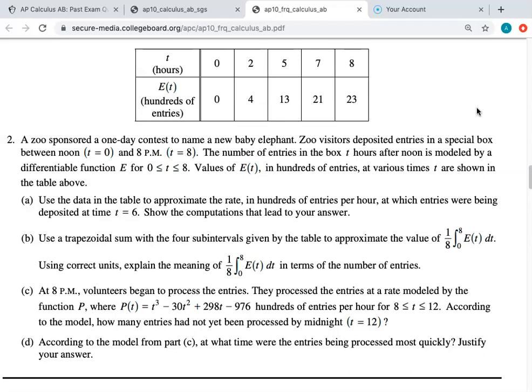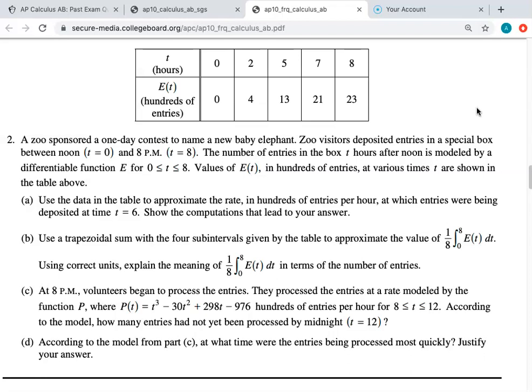So let me ask you this. At 8 p.m., which is when they ended the contest, how many entries are in the box? 2,300. 2,300 entries are in the box at 8 p.m. because the table gives you the number of entries in the box, right? Everyone okay with that?